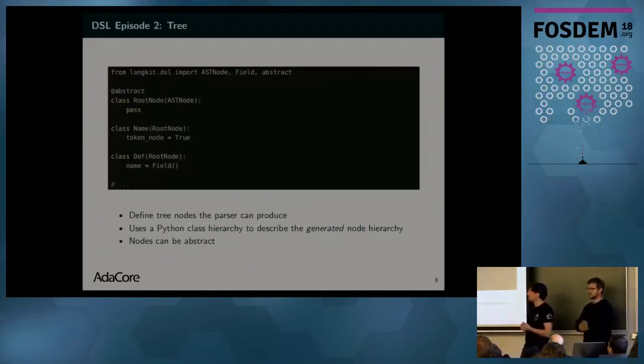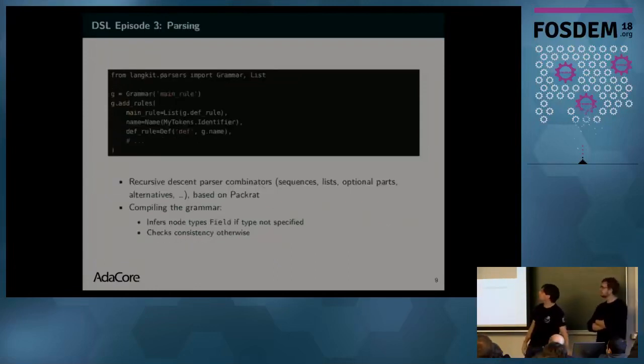The next layer is to actually define the list of tree nodes that your parsers are going to create. So here you can see, using the Python syntax, you define a class hierarchy where a node can be extended and so on. And each node can have a list of fields. For instance, if you have a function definition, you have a field that gives the name of the function, the list of arguments, the body of it, etc. So you define the tree.